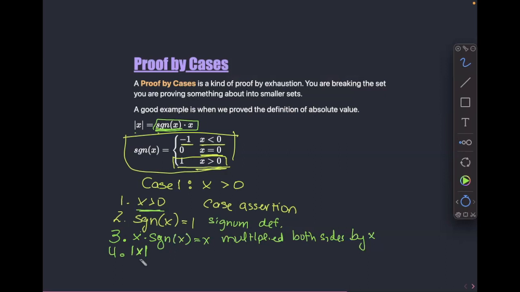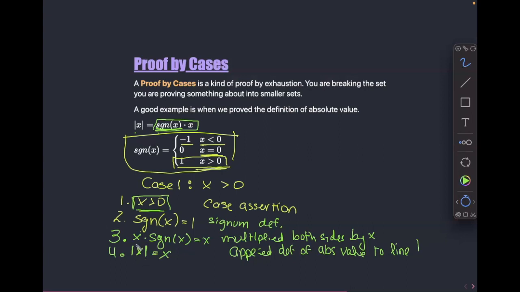The absolute value of x would just give me back x, because x is greater than 0. So I applied the definition of absolute value to line 1 to also tell me that the absolute value of x equals x.